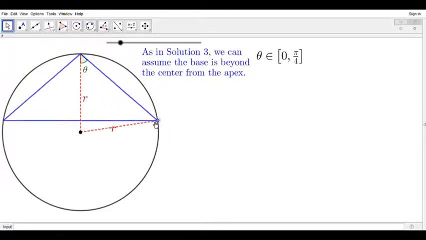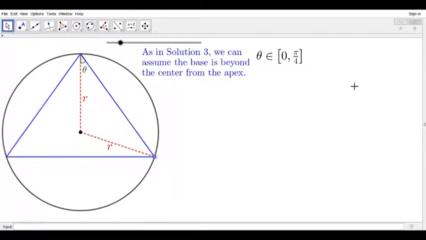All right. So again, many different solutions. In the end, if you do it correctly, you're going to end up with the right answer. So let's set theta to belong only to the interval 0 to pi over 4. All right.